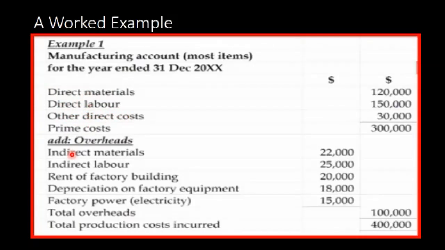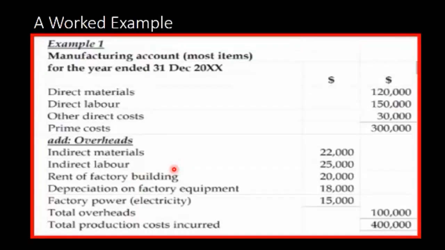Right? And the overhead section is made up of indirect costs. Okay? Direct costs can be traced to the product itself, and overheads or indirect costs can be traced to the factory, but not to the product itself.